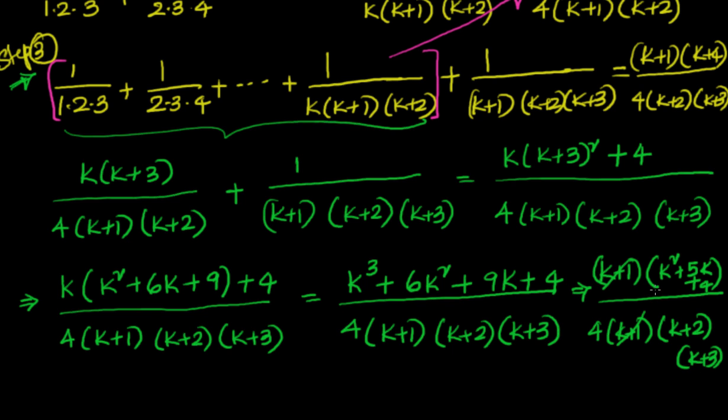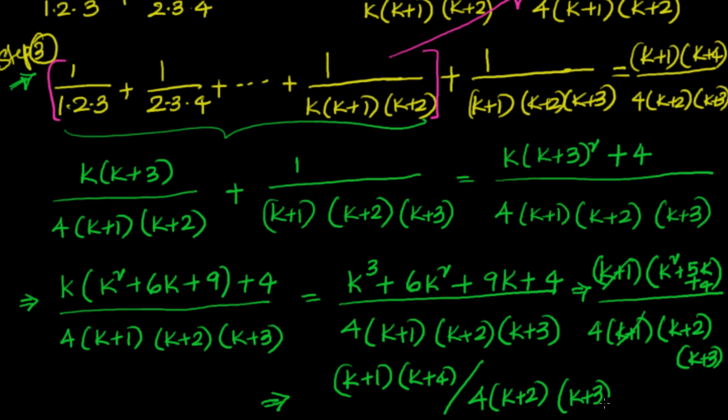Now you can cancel (k plus 1), and what we will have at the end is k square plus 5k plus 4, which I can write as (k plus 1) into (k plus 4), that whole thing divided by 4 into (k plus 2) into (k plus 3). That's exactly the RHS.